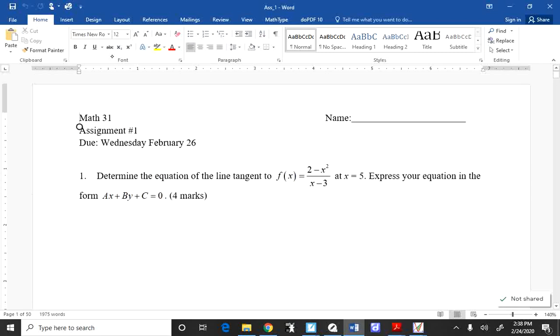So question 1, determine the equation of the tangent to this function at x equals 5. There's going to be a lot of fractions involved, because I don't know what you're going to get when you put 5 in for x. You're going to get negative 23 halves for the y coordinate.